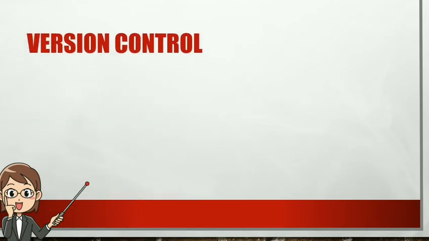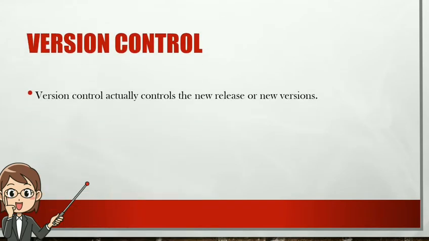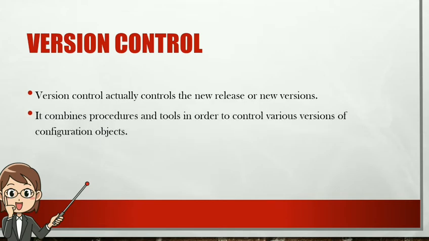Next is version control. Version control actually controls the new releases or the new versions. It combines the procedures and tools in order to control various versions of configuration objects. Any version control management system has four capabilities integrated in it. First, a repository that will store all the related objects.